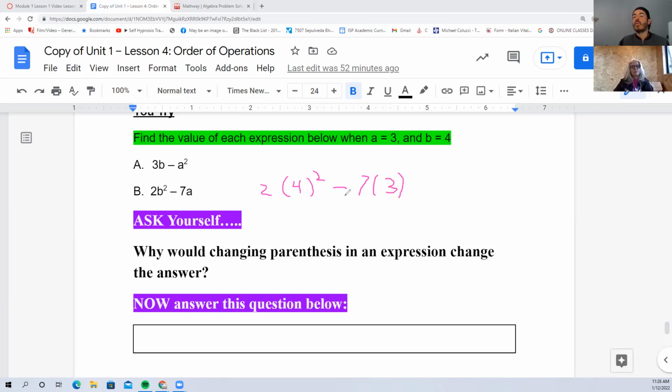Okay, now what comes first? Well, parentheses comes first, but remember what's inside the parentheses comes first. We don't need to multiply the 2 by the 4 first, because that's happening outside the parentheses. It's a very, very important point. So exponents is going to come next. All right. So 4 times itself twice, 4 times 4, 2 times 16, minus 7 times 3.